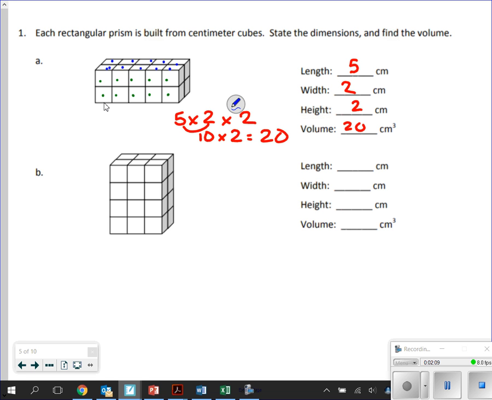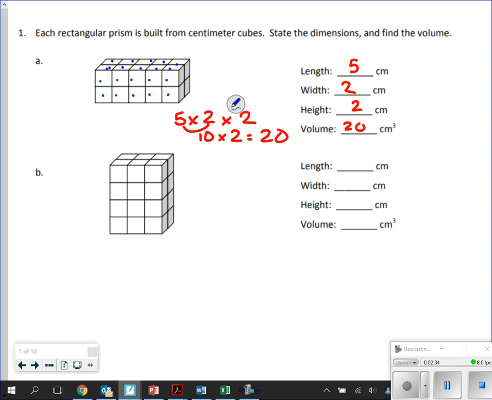So for finding the volume of B, Selena, what did you do? So for my length, I got 3. For my width, I got 2. And for my height, I got 4. And then I took my length, 3, and my width, 2, and multiplied those together, and I got 6. And I took my height, 4, and multiplied 6 times 4, and got 24. Very good.